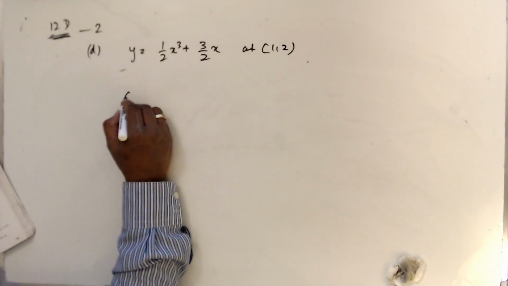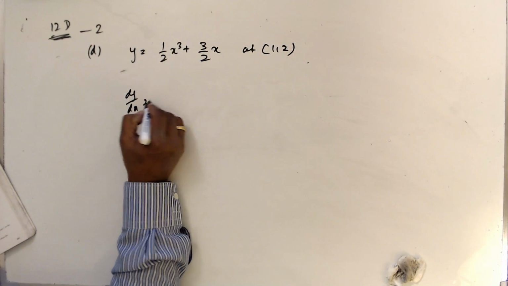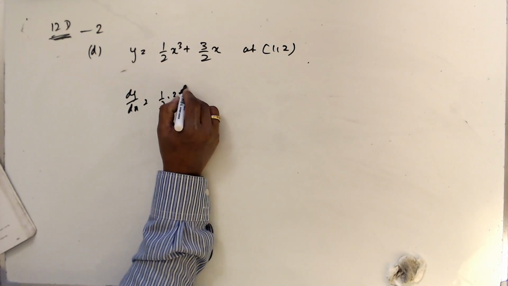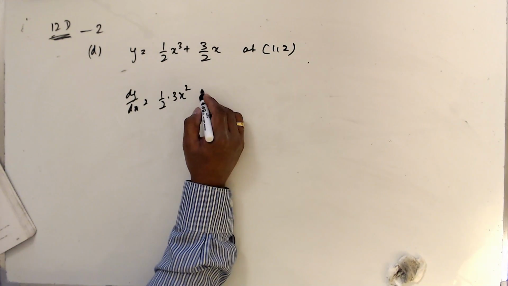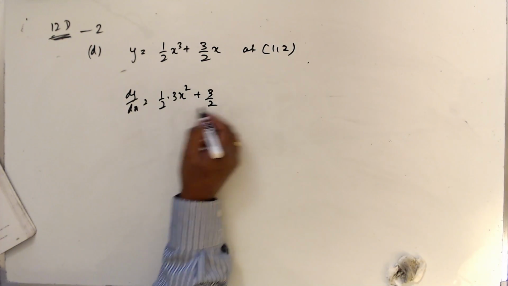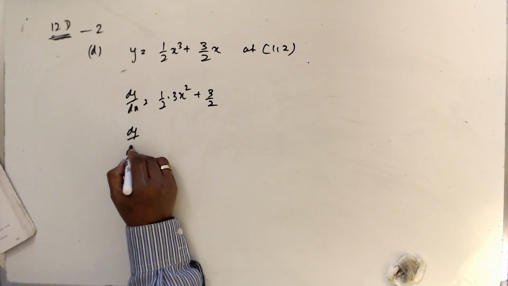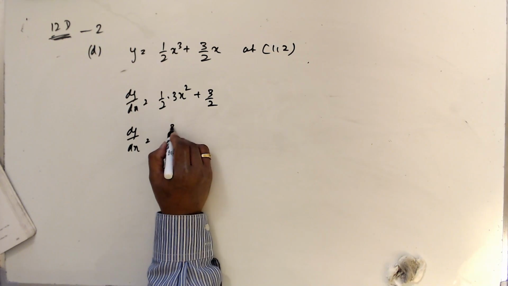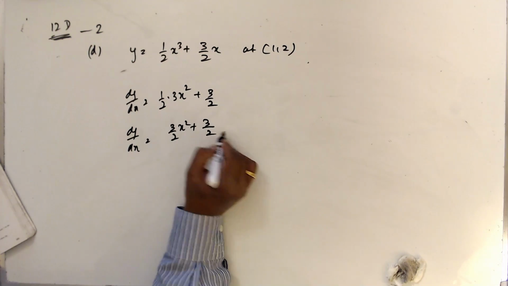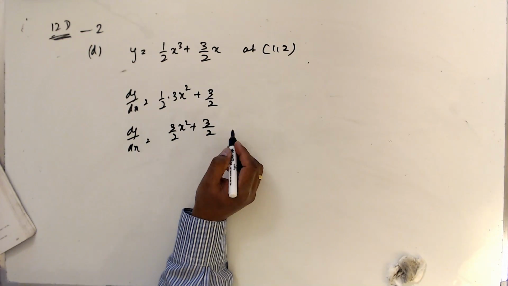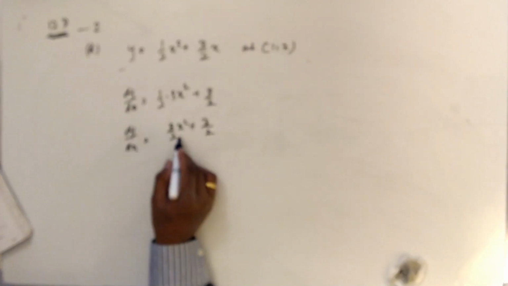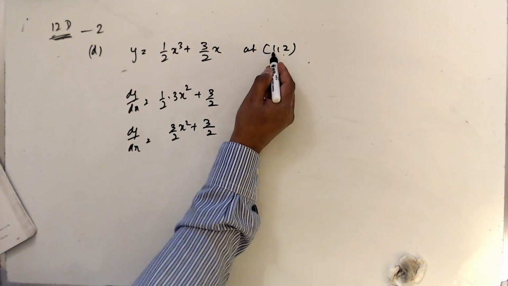Question D. dy over dx is half, I keep the constant separately, 3x squared plus 3 over 2. So dy over dx is 3 over 2 x squared plus 3 over 2. Now I don't need y because there are no y terms here, I only need x.